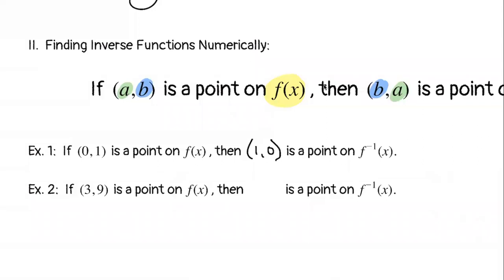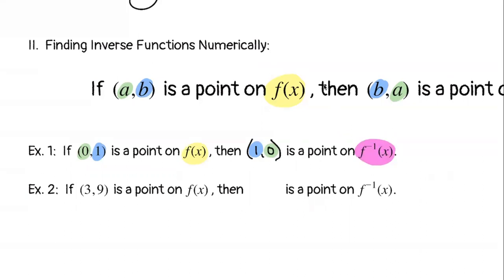And we can color code this to match the statement we have above, that 0, comma 1, that's our A, comma B, is a point on the original function. Then 1, comma 0 is going to be a point on the inverse function, right?